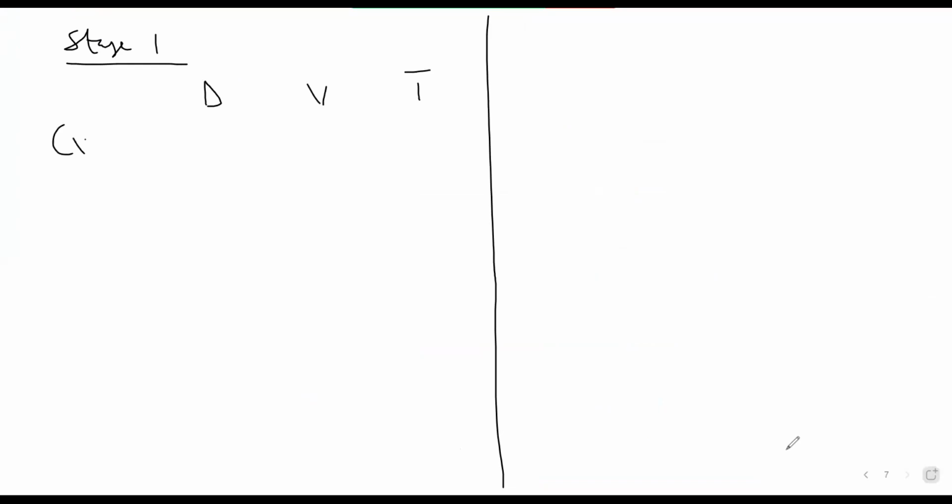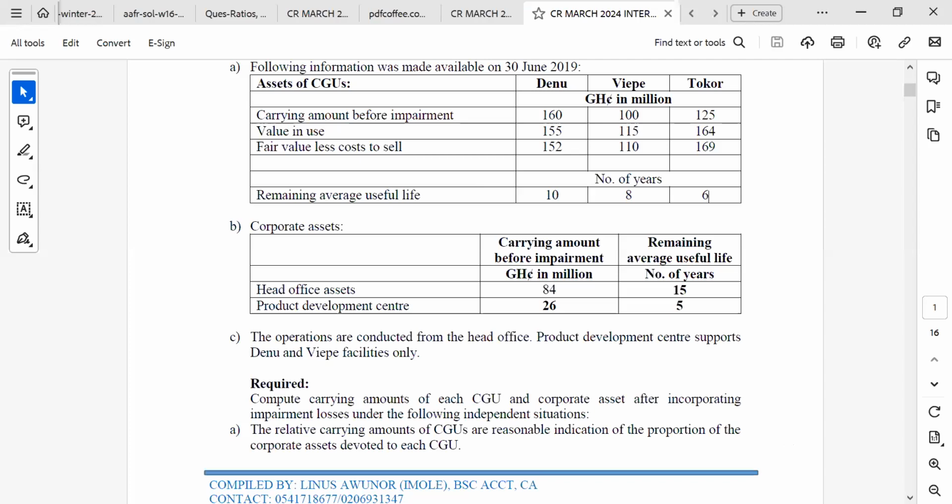What is their carrying value before the impairment? 160 against 100 against 125. What is their recoverable amount? What is the recoverable amount given to Denu? 155.